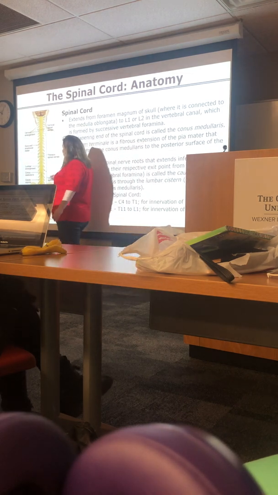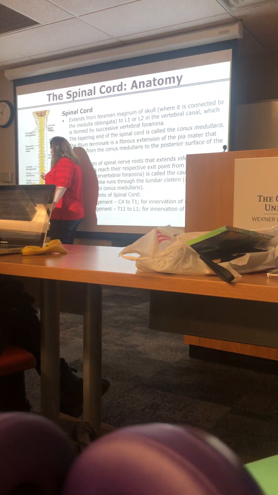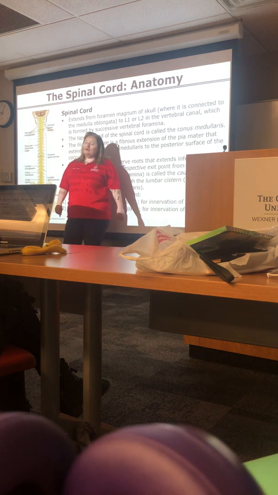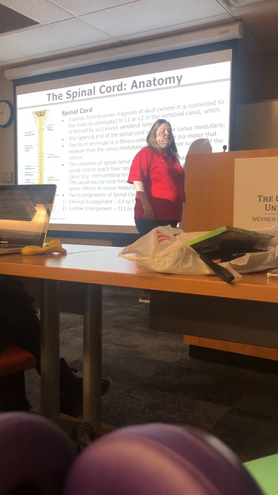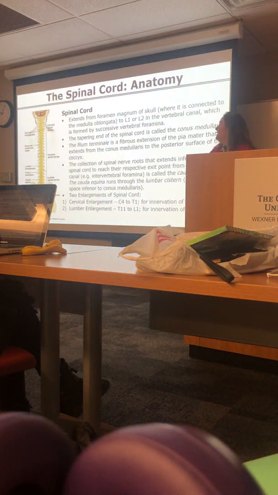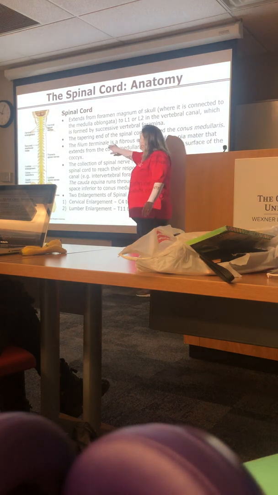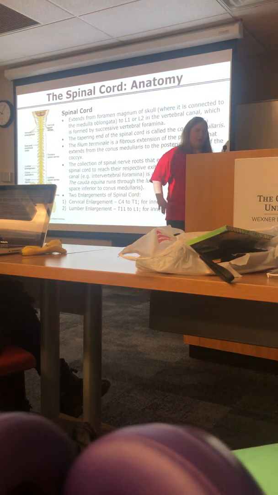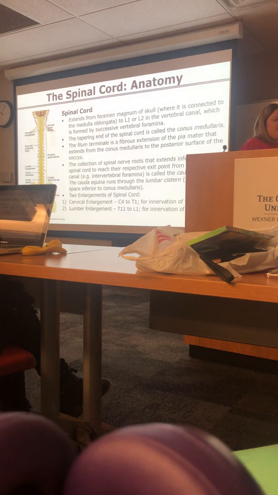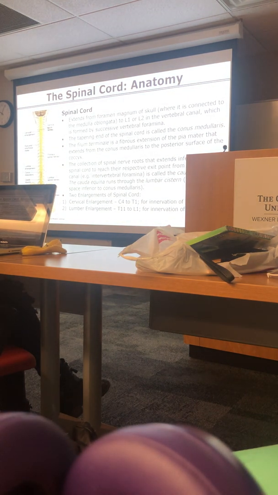Coming off the tip of the conus medullaris is the pia mater, and that pia mater extends all the way down, along with the dura mater and arachnoid mater. That extension of the pia mater is called the filum terminale. The filum terminale is just the pia mater continuing on inferiorly within the vertebral canal.